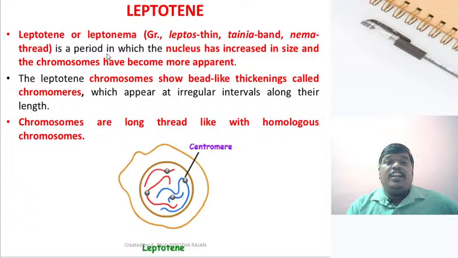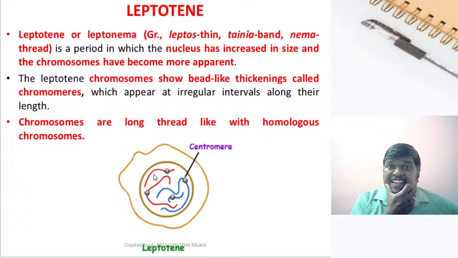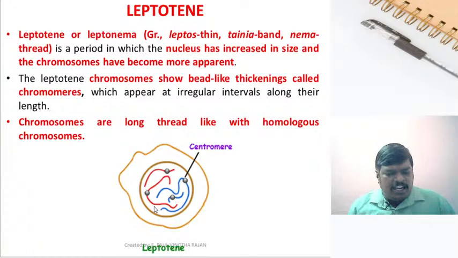The first stage, leptotene. Leptos means thin, tenia means band. So here you can see the nucleus with chromatin threads that have increased in size, and the chromosomes appear like a thread-like structure.